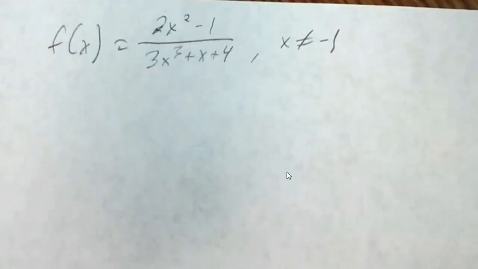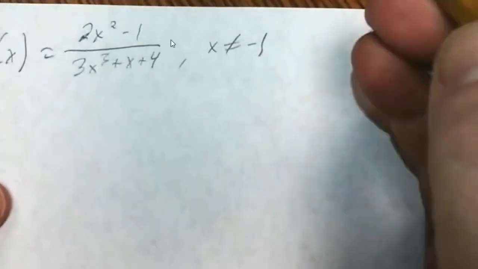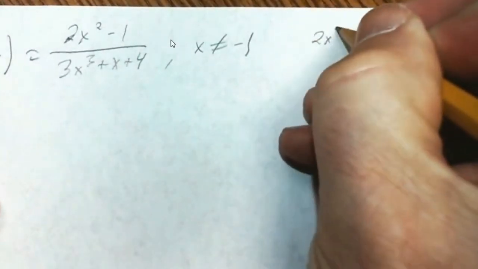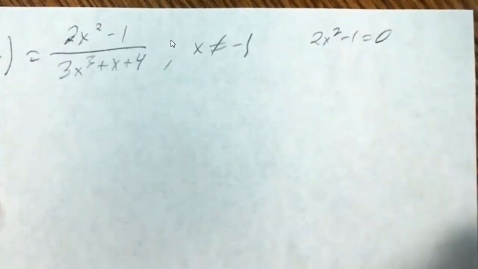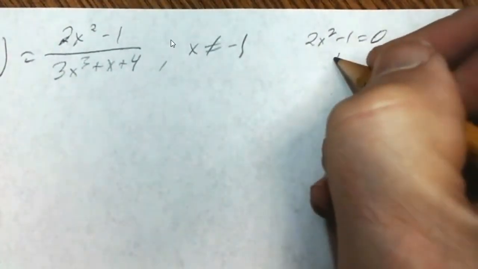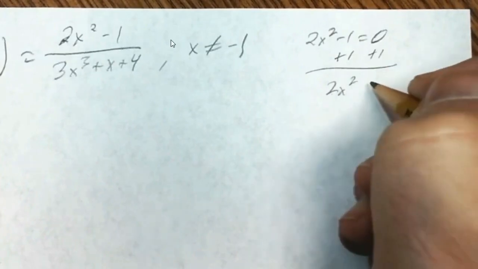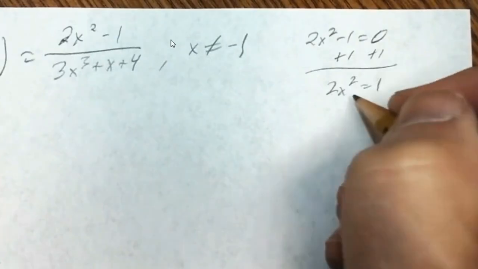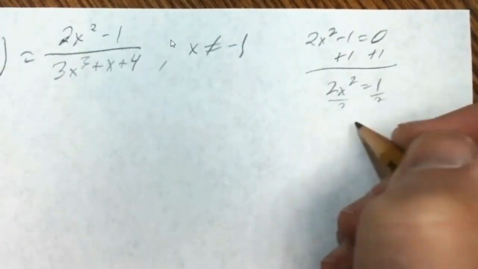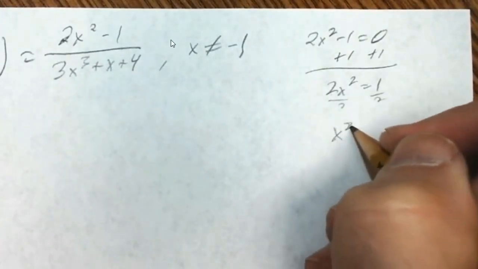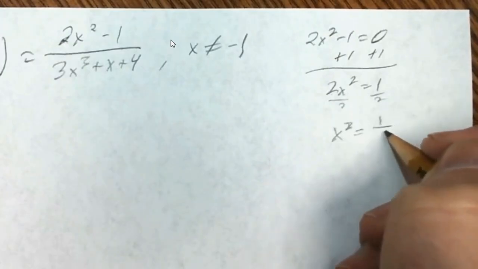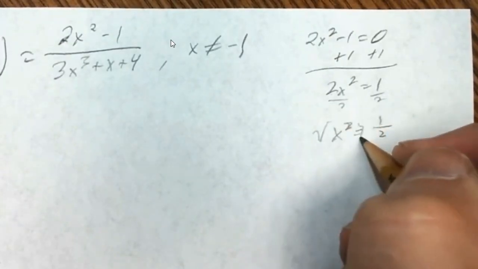And we also see the top. If we want to know the zeros, it would be where the numerator is 0. So 2x squared minus 1 equals 0 is where it's going to cross the x-axis. So we add 1, 2x squared equals 1. We've got to divide by 2. X squared equals 1/2. Square root of both sides.